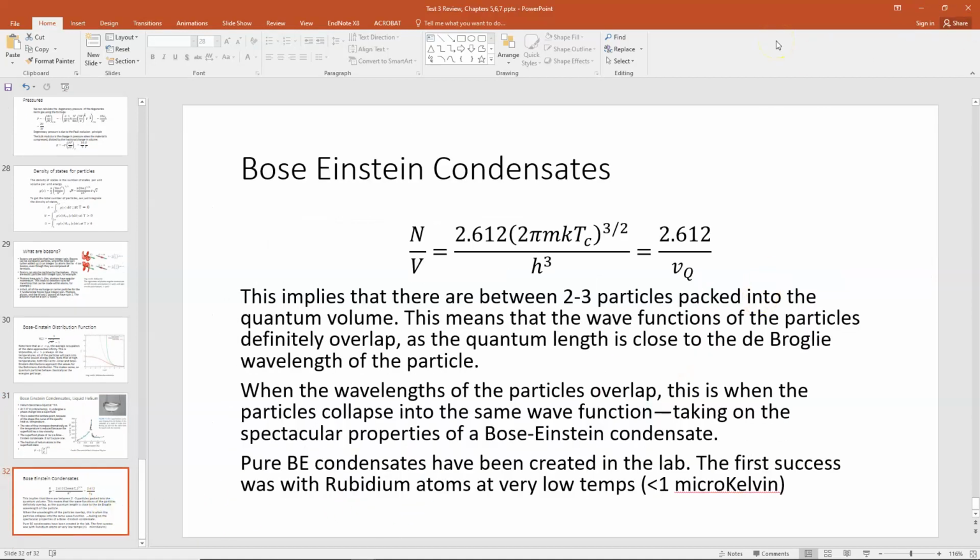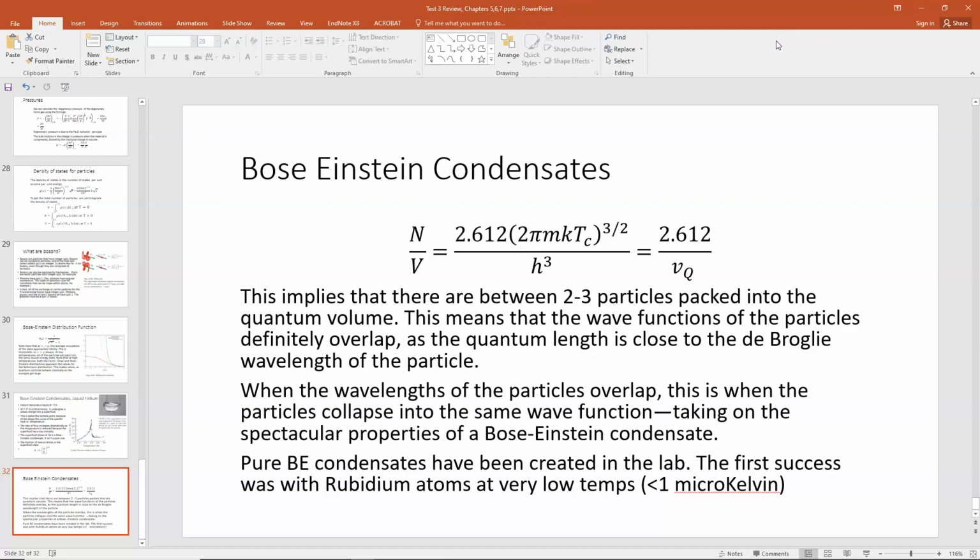The formula for the density of a Bose-Einstein condensate at the critical temperature is shown here. N over V is 2.612 times (2 pi m k Tc) to the 3/2 over h cubed. And that's 2.612 over the quantum volume, and Tc here is that critical or condensation temperature. What this tells us is that the density is 2.612 over the quantum volume, which means that you've got 2 to 3 particles packed into that quantum volume.